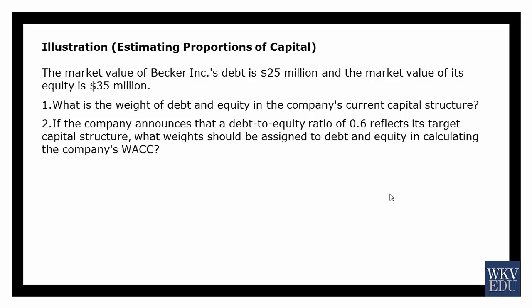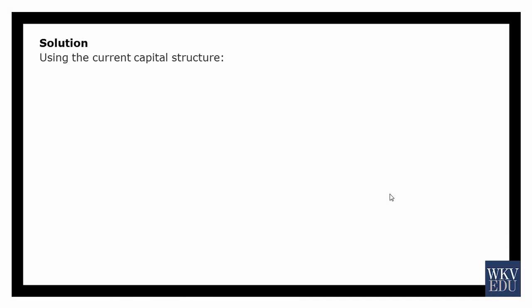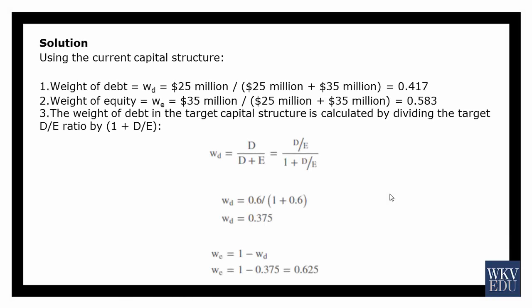So the total capital is 1.6, 1 plus 0.6, and therefore the weight of debt is 0.6 by 1.6, which is 0.375, or 37.5%. Similarly, the weight of equity will be 1 minus 0.375, or we can also calculate it as 1 divided by 1.6, which will give us a 62.5% weight.